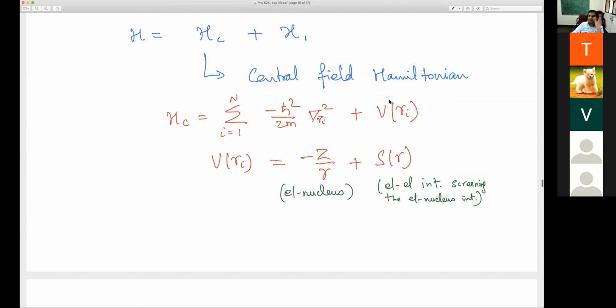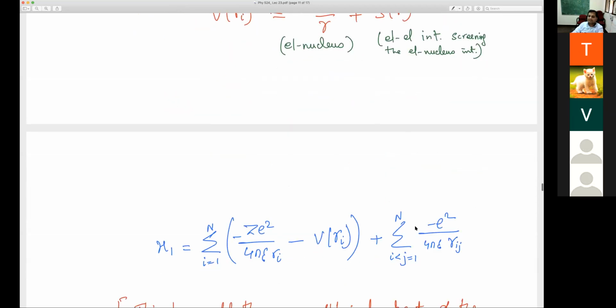So I added an S(r), and I am subtracting an S(r) plus all the electron interaction terms. So this becomes minus S(r) plus e squared by 4 pi epsilon naught r_ij. The minus sign I wrote earlier was a mistake on my part.